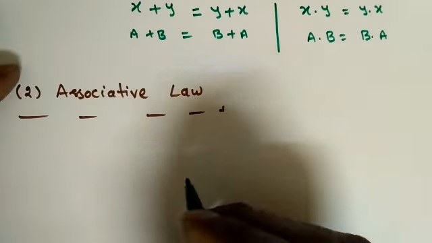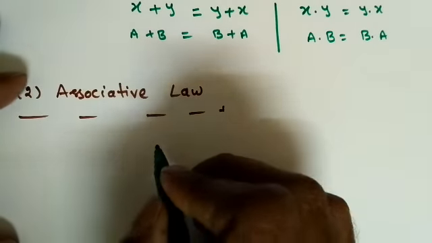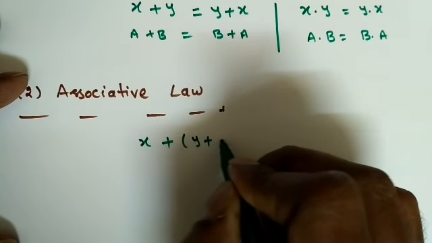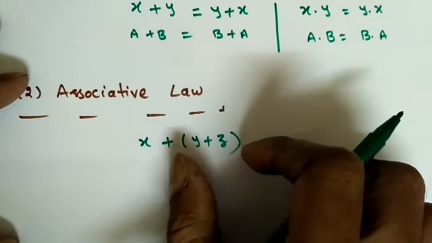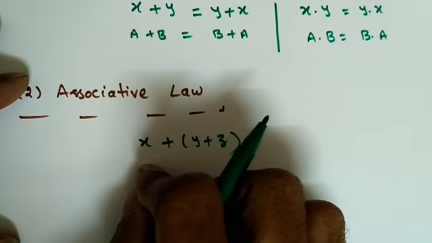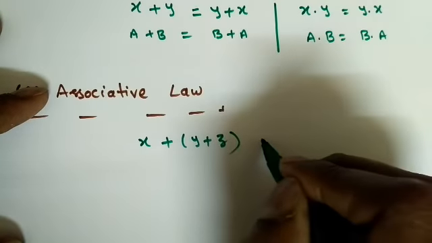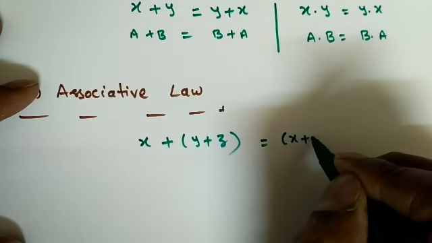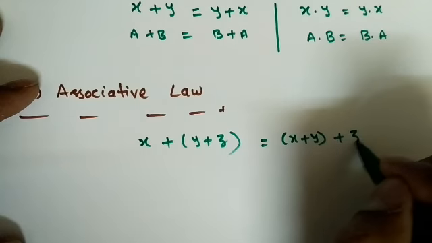When you do some operation and you are grouping, suppose something like this, x plus, now we are grouping y plus z. First I'm grouping this, then we need to do one more operation, which is also equal to, so we can make any groups, right? I can make x plus y plus z also.